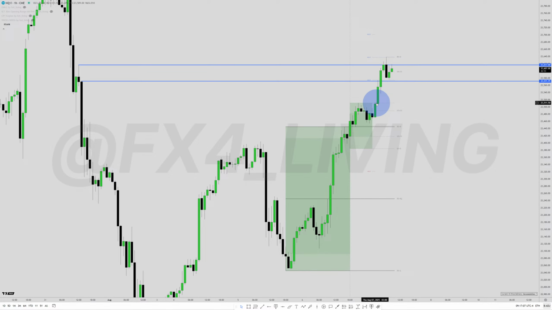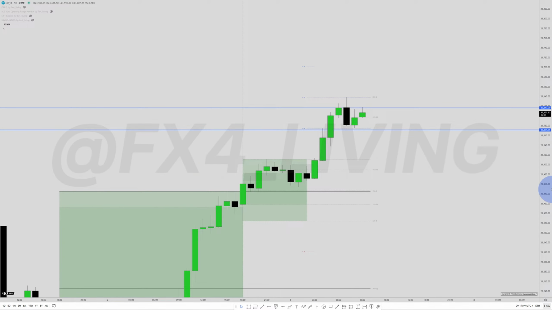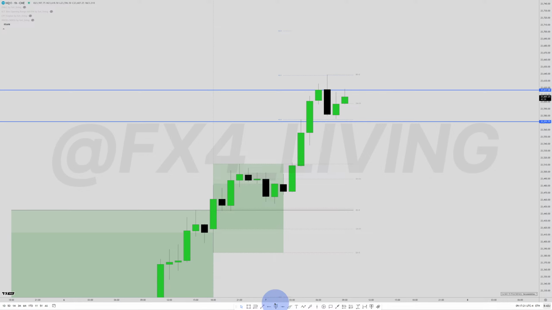One thing sure is this buy side imbalance right here, a little bit in between this low and this high right here. I can zoom in a little bit. I'm on the 1 hour time frame, by the way. So yeah, there's this small imbalance right here. It's extremely small, right?